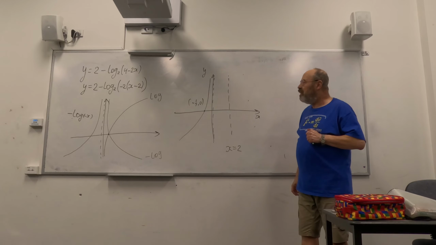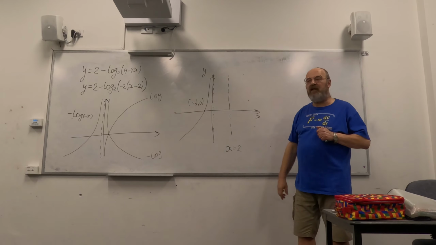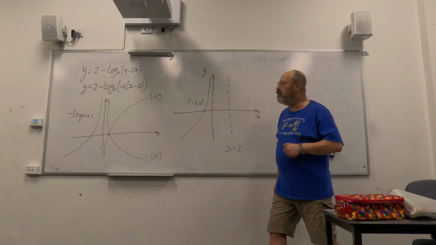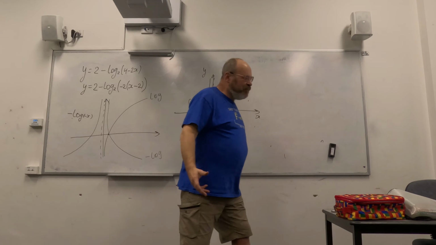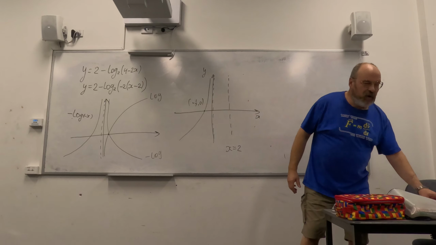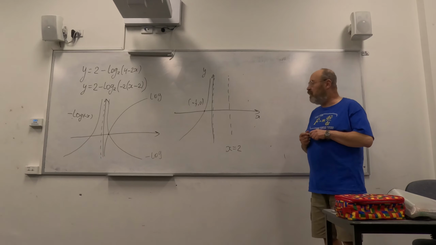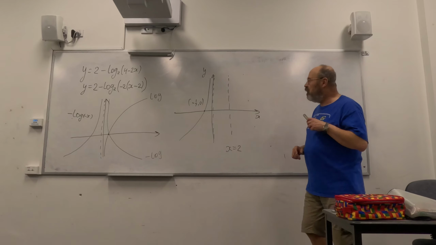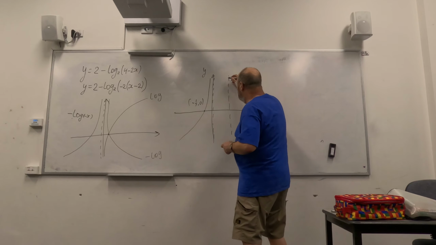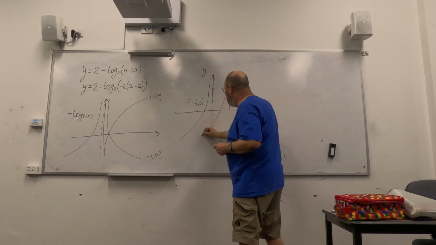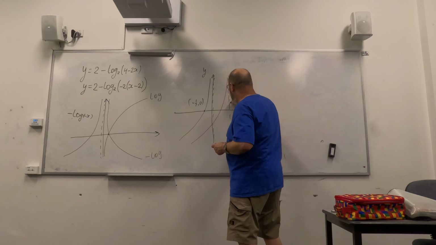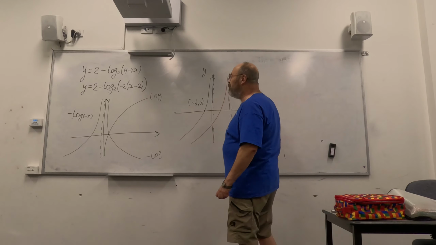And what does the 2 at the front do? It moves the graph 2 up, but we don't really see it well. The only thing it will change is the intercept. And because we moved it 2 to the right, we will now have both x and y intercepts. Let's find them.